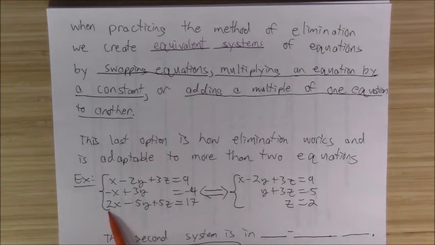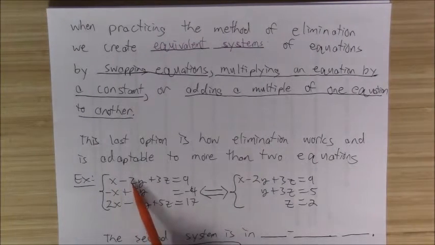And then to get the bottom equation, we subtracted 2 times the first row from this one, and then we further added the second equation. Subtracting 2 times that would give me a positive 4 there, which means I'd have a negative y, which means I just need to add that equation and I'll end up with this form.